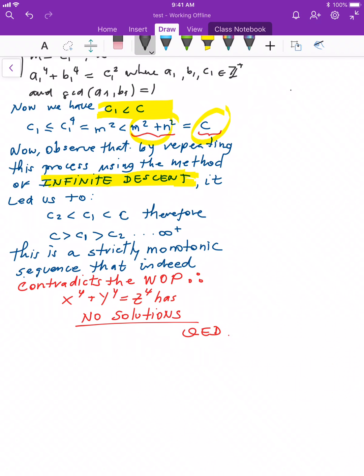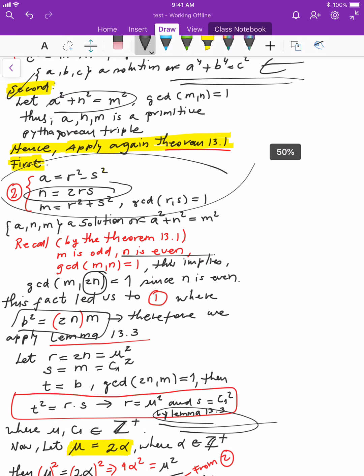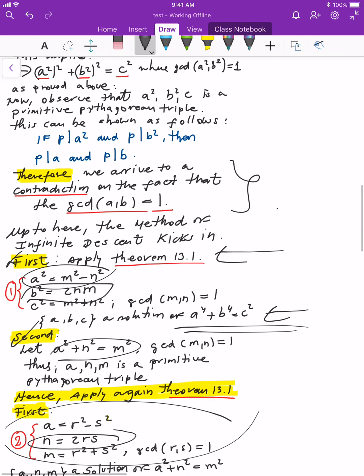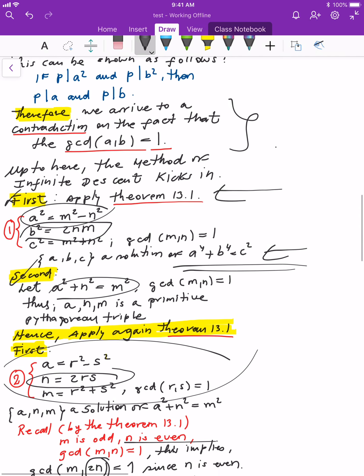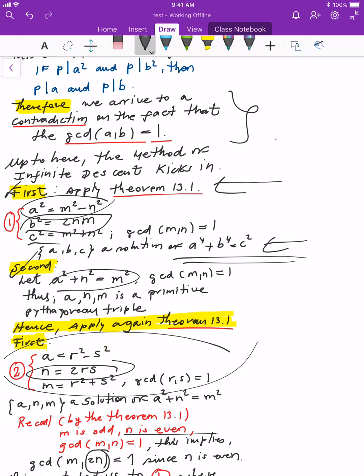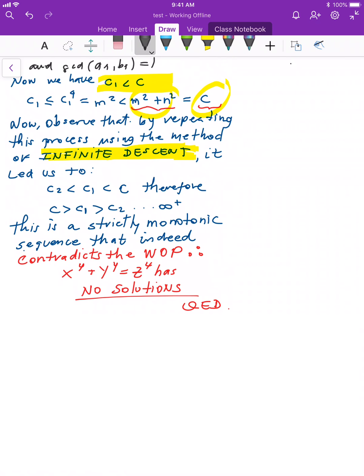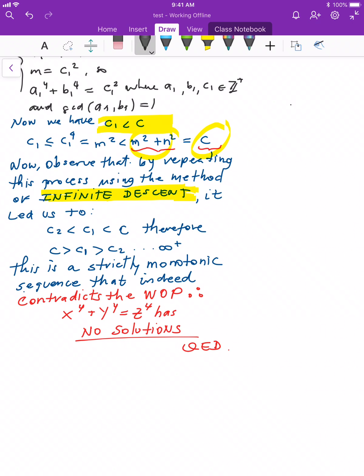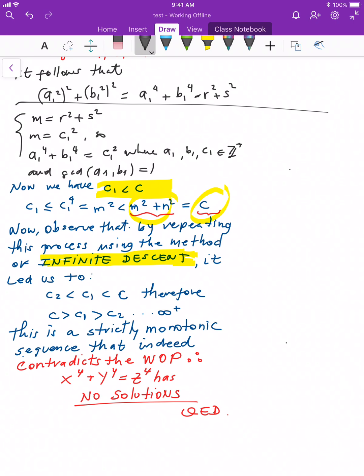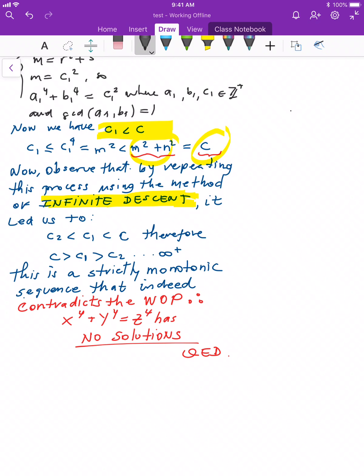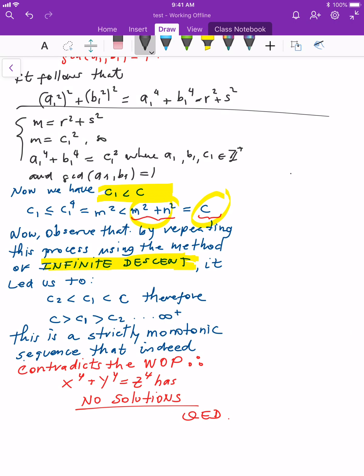Now observe that by repeating this process, we're going to do the whole process again with this new set of variables.